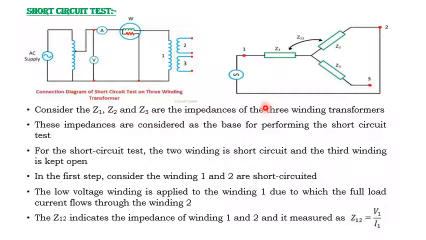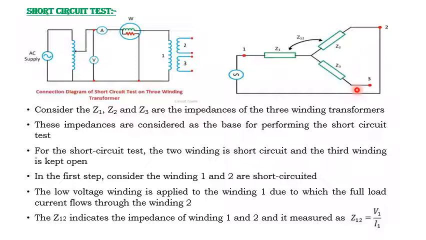These impedances are considered as the base for performing the short circuit test. Two windings are short circuited and the third winding is kept open. Here winding 1 and winding 2 are short circuited, and winding 3 is kept open.